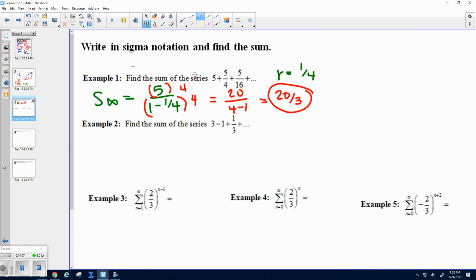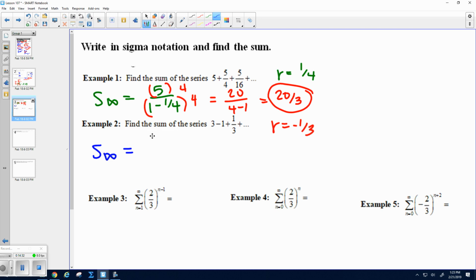Okay, find the sum of the series. So for this one, what are we multiplying by every time? -1/3. Good. If it alternates signs, it's a negative. Okay. So again, it's between -1 and 1, so we are good to go with our infinite series formula.